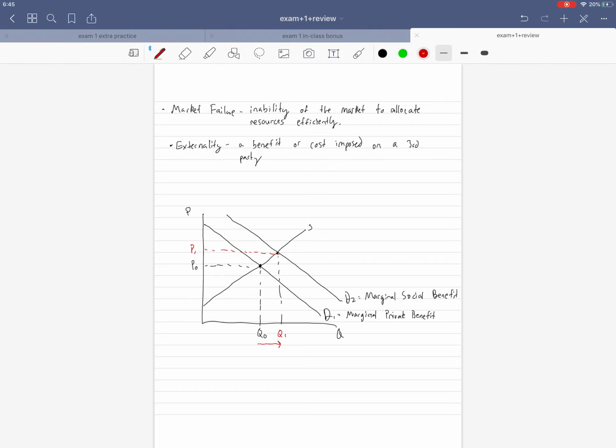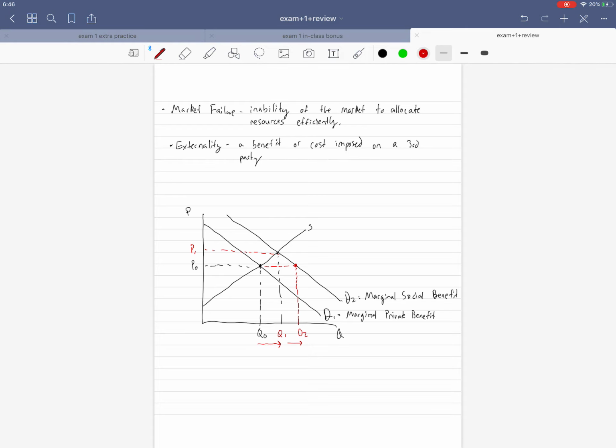So that's where the government might step in and subsidize it, so get us to consume more at this lower price. So anytime there's a positive externality, as a society, once again, we want more people to consume that.